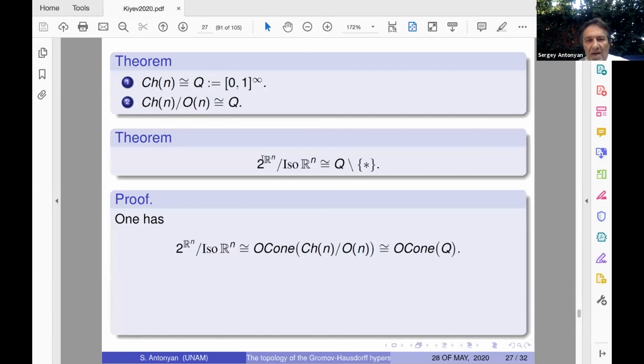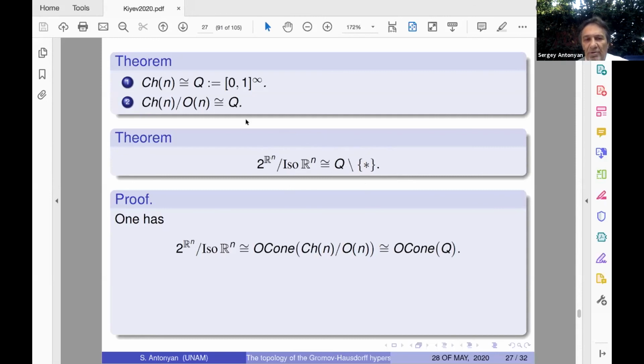This implies that the orbit space of the hyperspace, which is just the Gromov-Hausdorff hyperspace of R^n, is homeomorphic to the punctured Hilbert cube, I mean the complement of a point in the Hilbert cube.